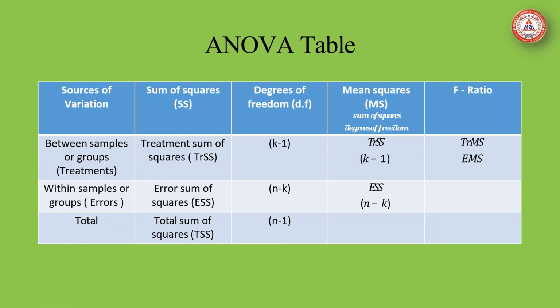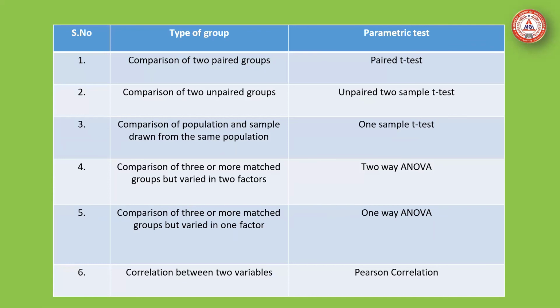Within sample group, error sum of square ESS, degree of freedom n minus K. Total sum of square TSS, n minus 1.